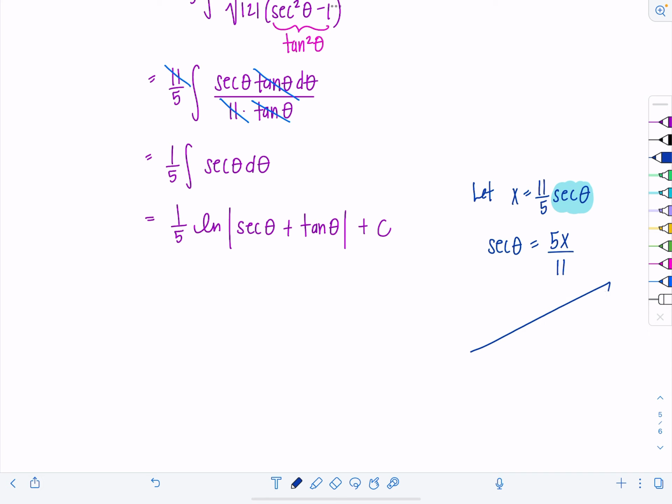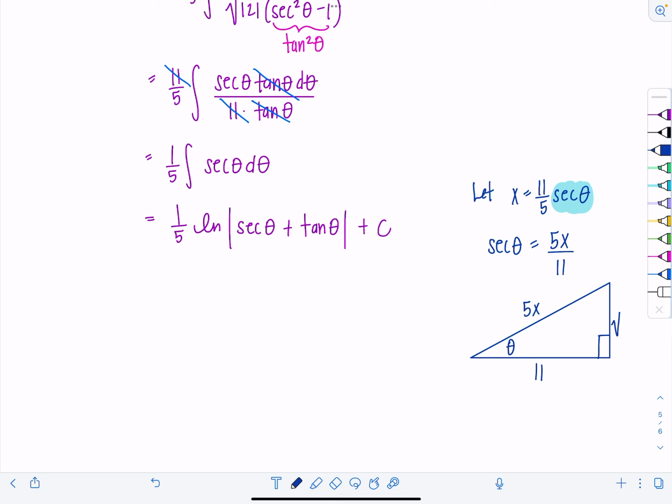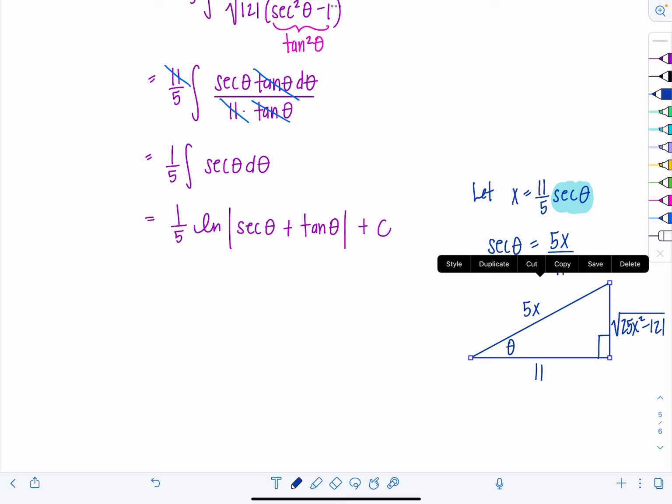So we'll use that to fill in the sides of the triangle. Here's theta. So secant theta, that's going to be hypotenuse over adjacent. So here's hypotenuse, here's adjacent. That means this missing side is rad 25x squared minus 121.